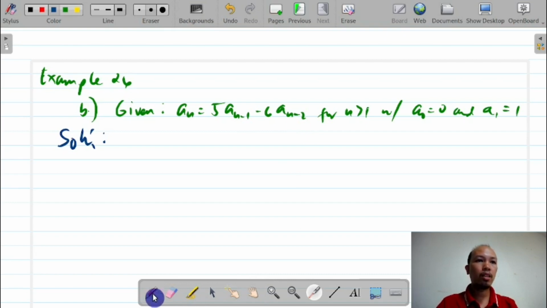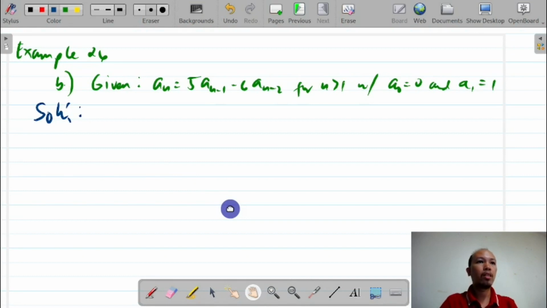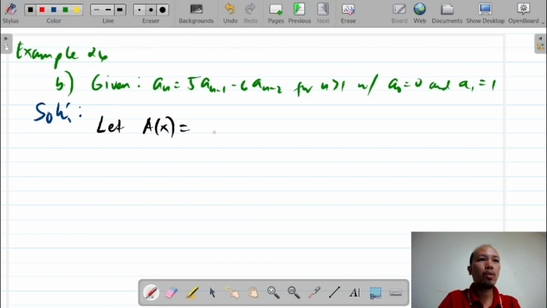So just like in the previous solution for letter A, let's assume that our A of x is equal to summation of a sub n x to the n, where n starts from 0 to positive infinity.